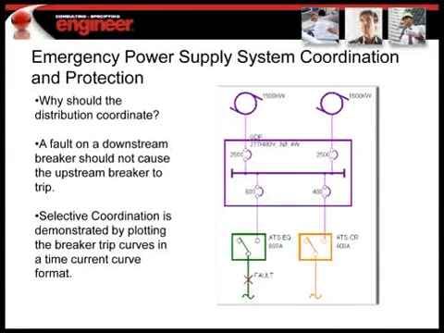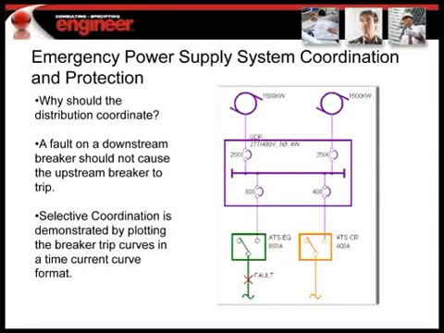Now we're looking at a simple one-line diagram, and the first question that comes to mind is, why should this system coordinate? The reason is that if you had a fault on a downstream transfer switch or breaker somewhere down in the system, you don't want that fault to trickle through the system and trip a higher level breaker, affecting other loads.